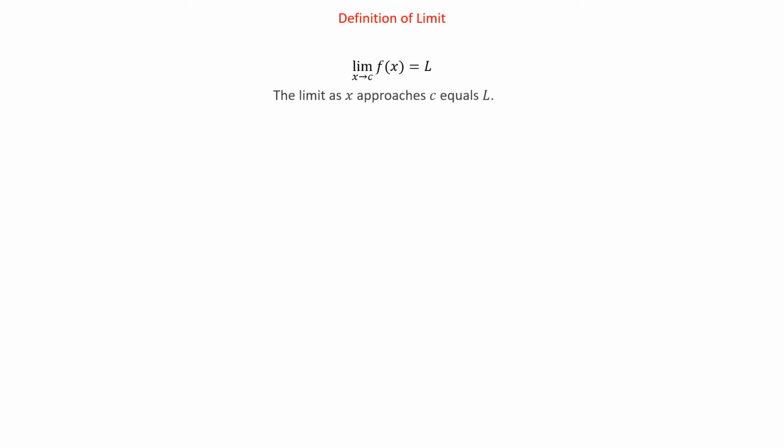But this is read, the limit as x approaches c equals L. Oh, of f of x. I've forgotten f of x in there. The limit of f of x as x approaches c equals L. That's how we would say that particular sentence.